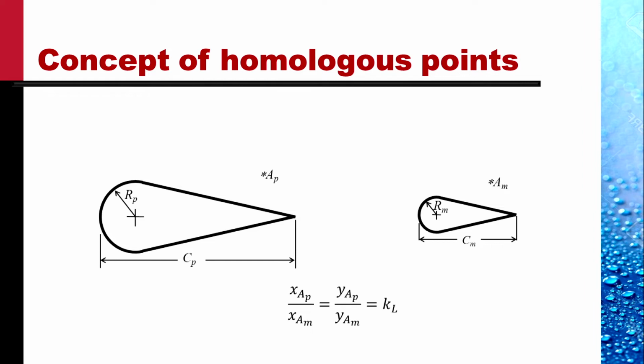We introduce here the concept of homologous points again. We have talked about that. The two points Ap in the prototype and Am in the model are termed as homologous points if the ratio of the x coordinates is equal to the ratio of their y coordinates, both being equal to KL.